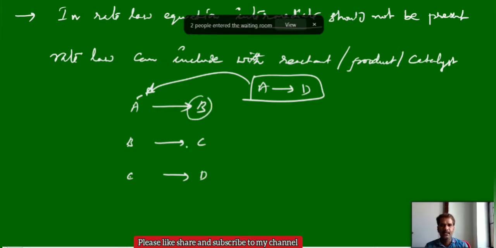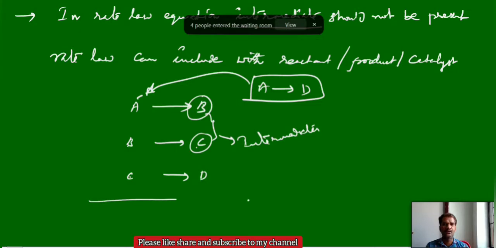Now, here B and C we can call intermediates. Why? Because they are not there at the initial start of the reaction and not at the end of the reaction. So, they are generated throughout the reaction. After the starting of the reaction, B is generated and C is generated. They are produced within the reaction and again consumed.